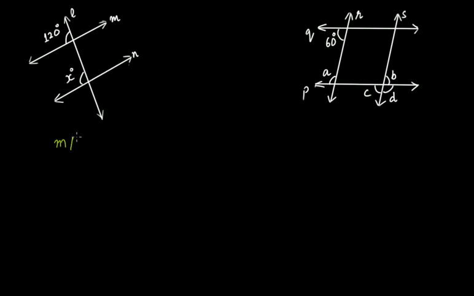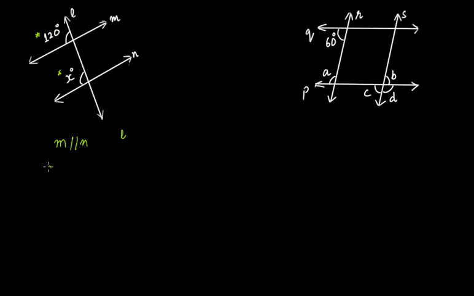In this case, M is parallel to N and L is the transversal line. Now, if M is parallel to N and L is a transversal line, then angle 120 degree and this angle x degree is what?